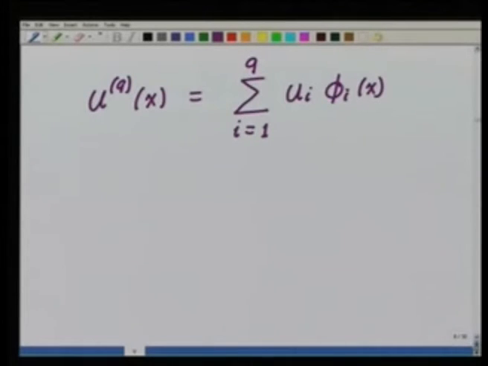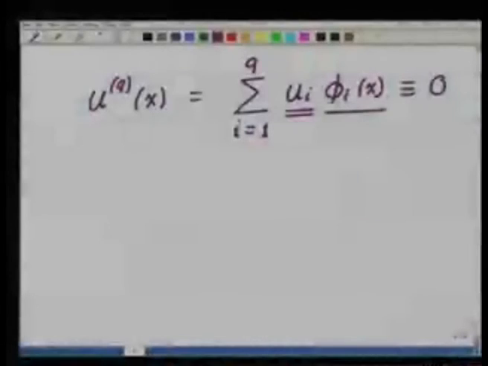How do we check linear independence? If you remember, linear independence means that if this function is identically equal to 0, then the coefficients ui should come out to be equal to 0. How do I show that the coefficients ui are 0? For that, let us see a very important property of these functions. What are these phi i's? If you remember, these phi i's have a value 1 at the node with respect to which they have been defined, and at all other points that we have put in the domain, these functions are 0.